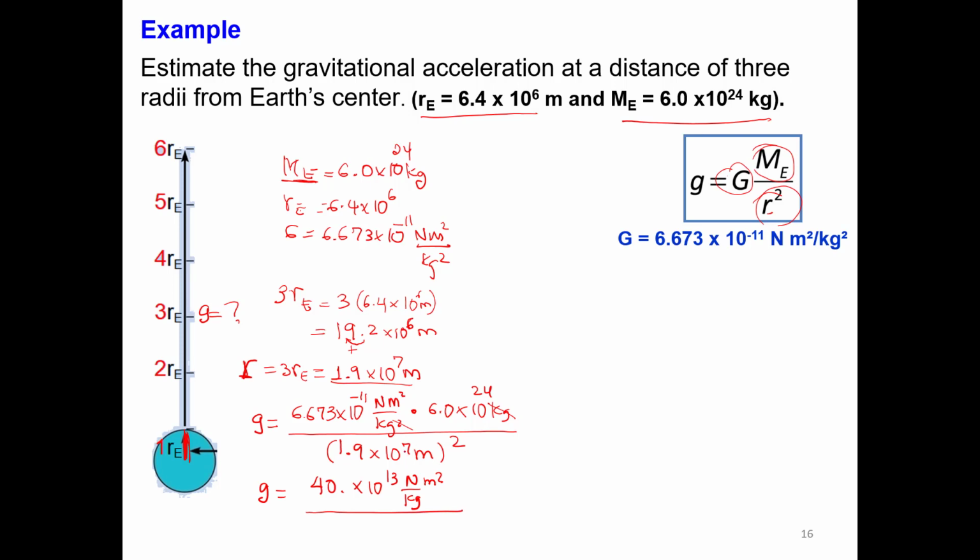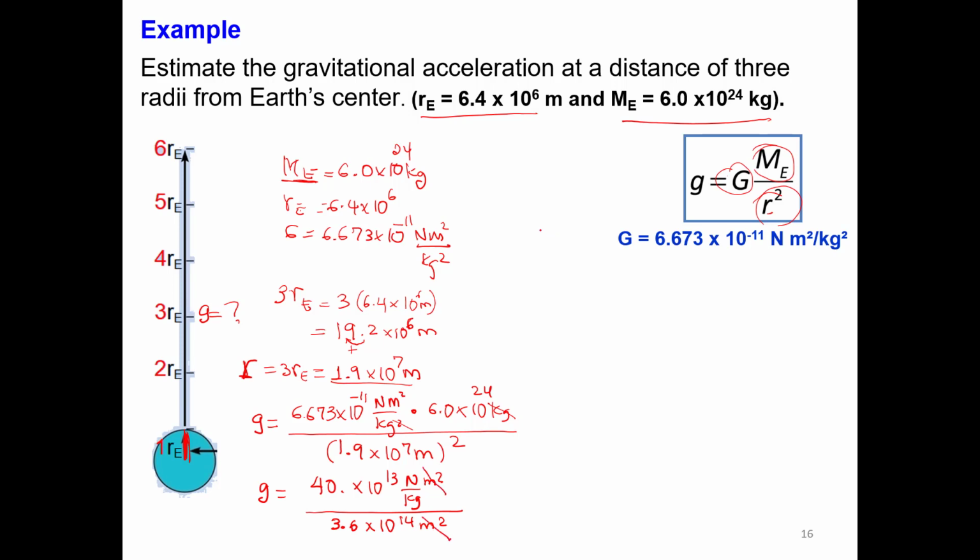Now we need to square this number, and you can square the number and the unit. Then 1.9 times 1.9 will be 3.6 if you write with two significant digits, 10 to the power 7 to the second power, we just multiply 7 times 2 is 14, meter squared. And this cancels out.